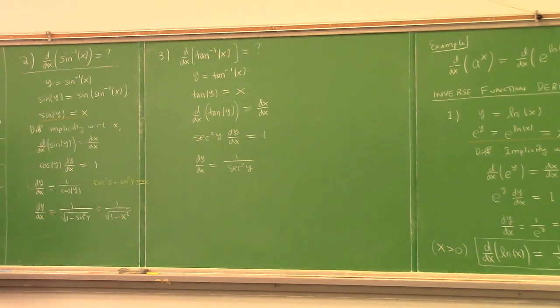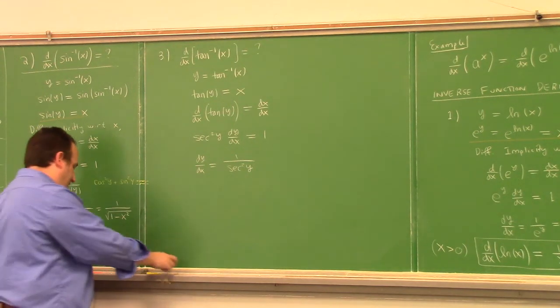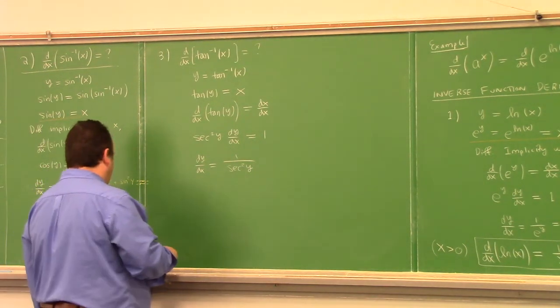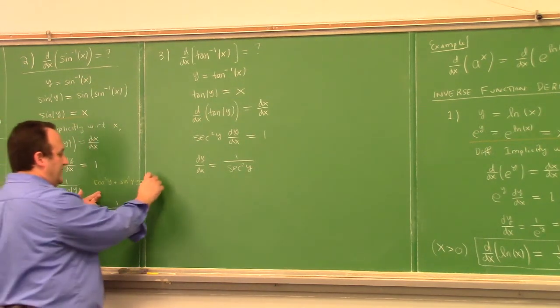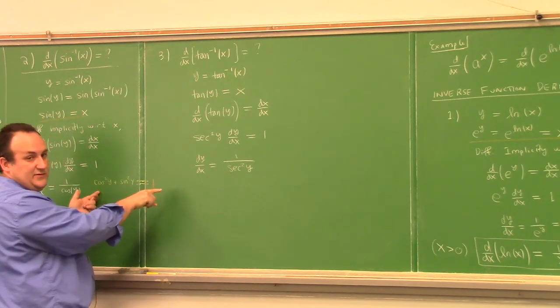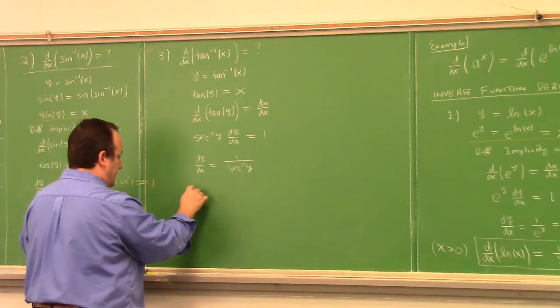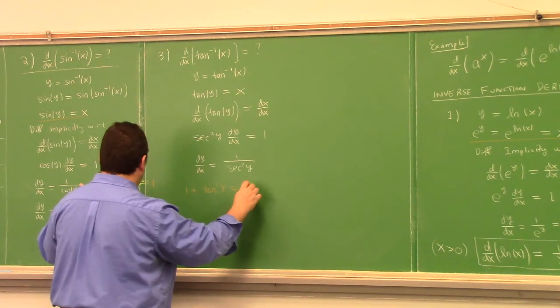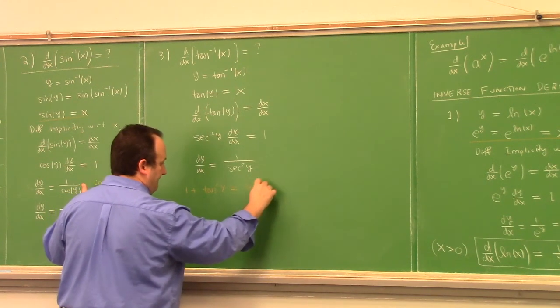But I embrace the temptation to remember things I know about tangent and secant, right? For example, if cosine squared y plus sine squared y is equal to 1, then dividing this by cosine squared gives me 1 plus tangent squared y equal to secant squared y, right?